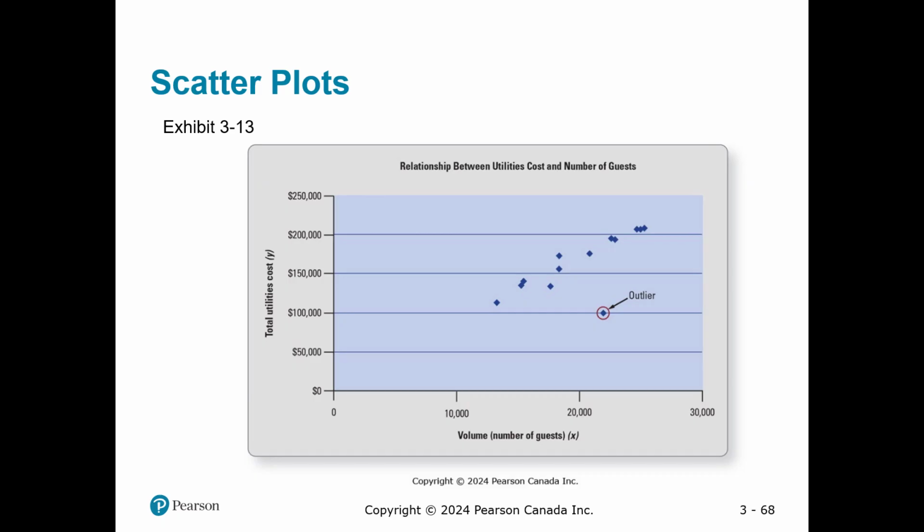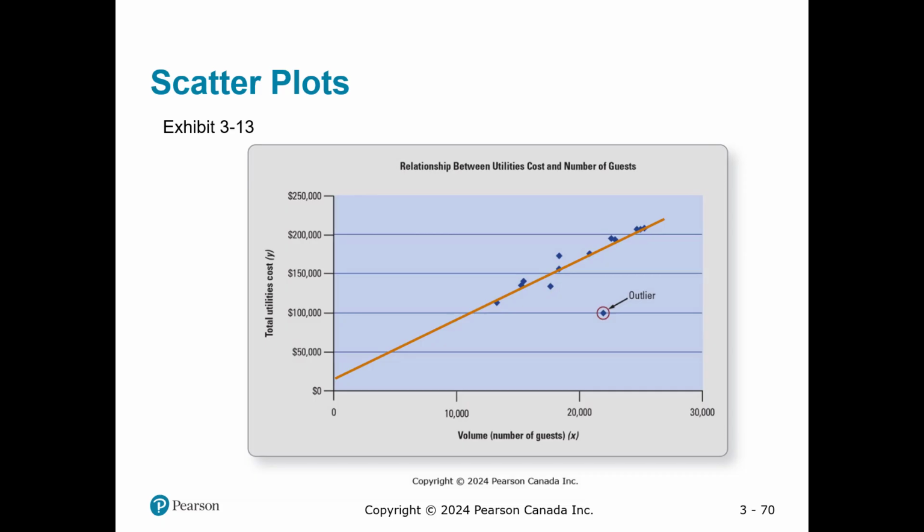So what's the problem with using scatter graphs? Once we eliminate the outliers, we would have to estimate the cost behavior line to create a formula. Here's my cost behavior line. The problem is that if you had this scatter graph and you drew your cost behavior line, it would be different. And then we have to use the slope of this line to determine variable cost per unit.